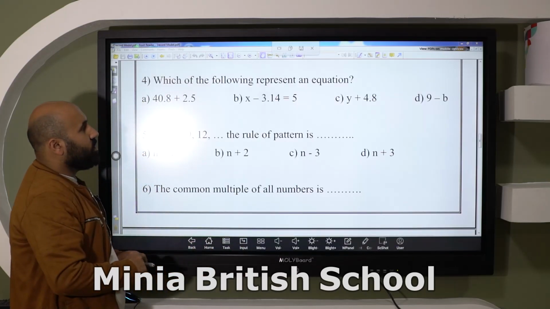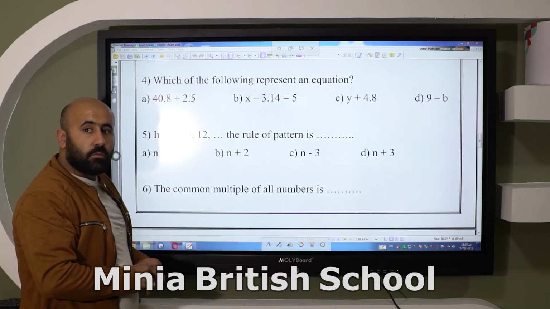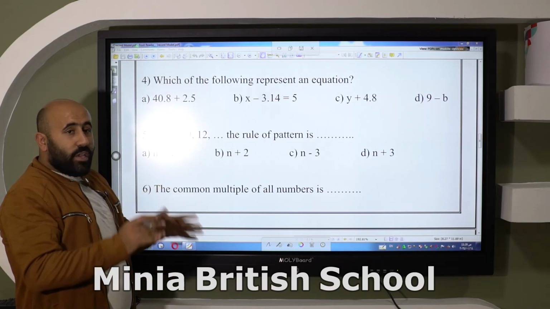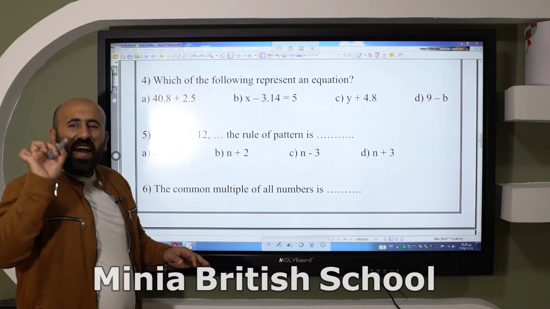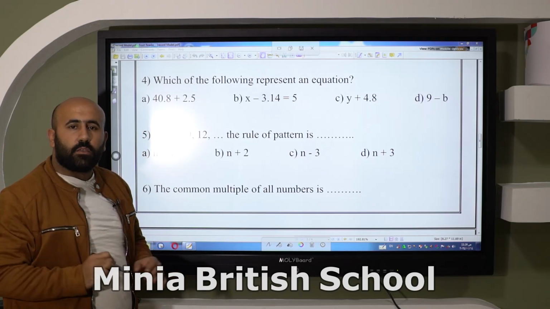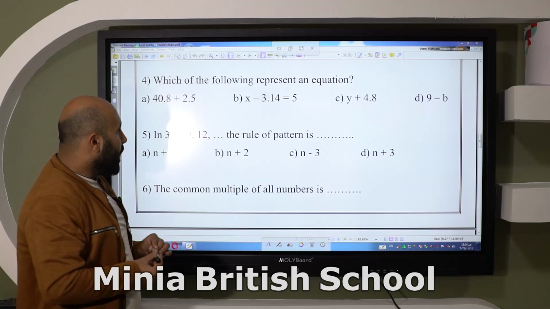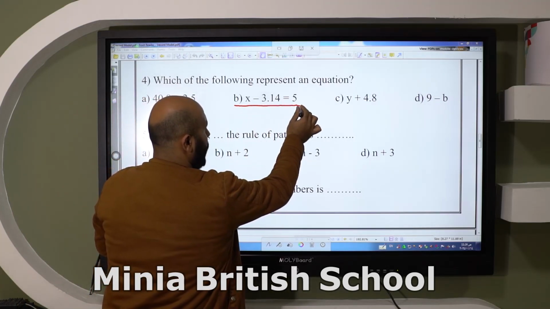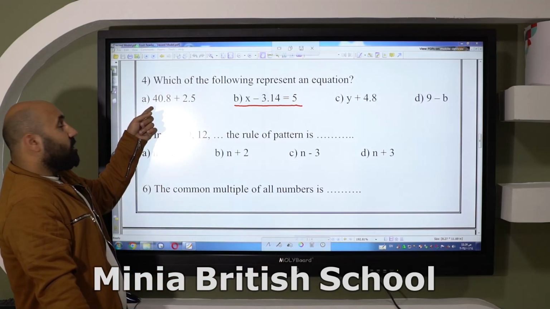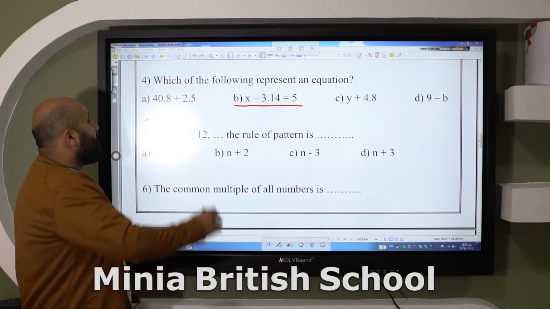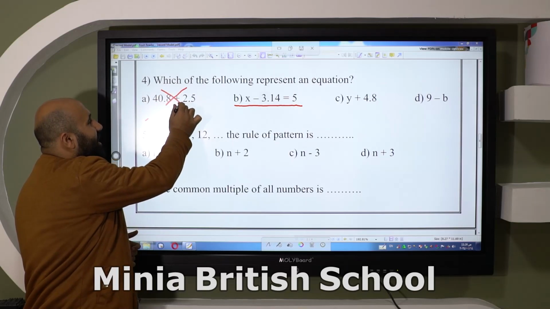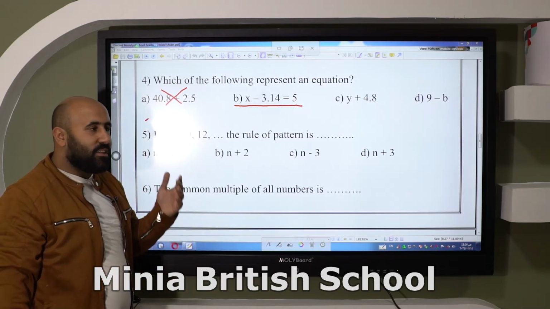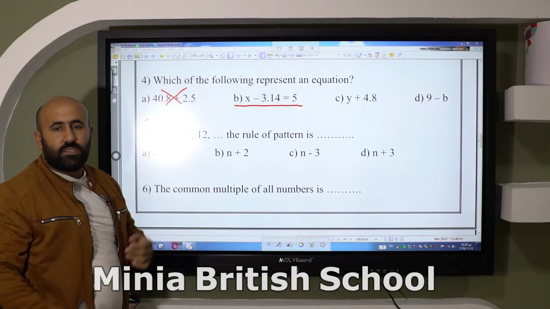Which of the following represents an equation? The equation must have the equal sign. So I will choose x minus 3.4 equals 5. What about 40.8? It's just a mathematical expression, as it doesn't contain the equal sign.